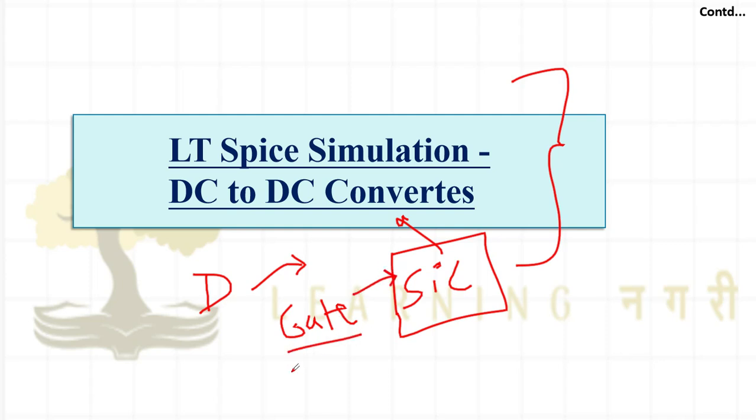It will provide protection also, and it will give the signal to our devices directly. We will not give the duty ratio to our switches, so we will use the gate driver. This gate driver will generate the pulses and give them to you, but in MATLAB we can't provide the gate driver. But in LTSpice we can download the gate driver, connect it in a practical circuit, and do the simulation. So in this way LTSpice works. So I am creating another playlist to do the simulation in LTSpice.